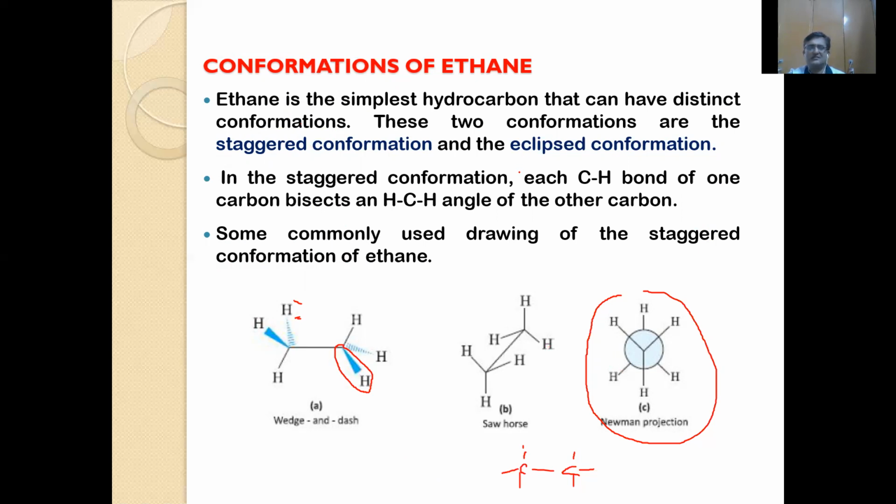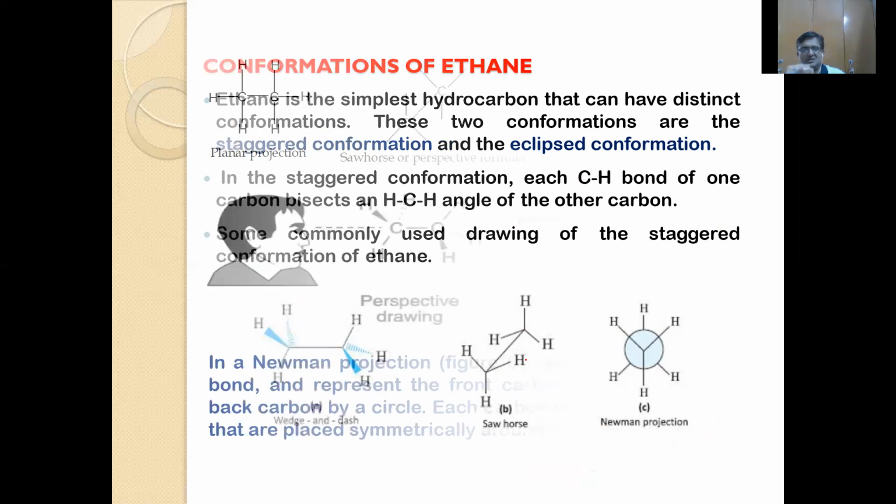In the staggered conformation, each CH bond of one carbon bisects the HCH angle of the other carbon. That gives out some kind of rotation.